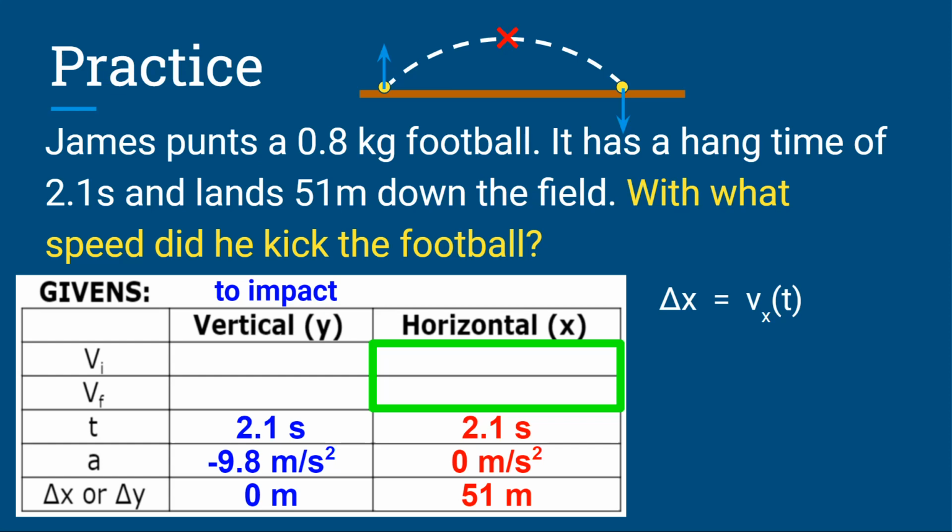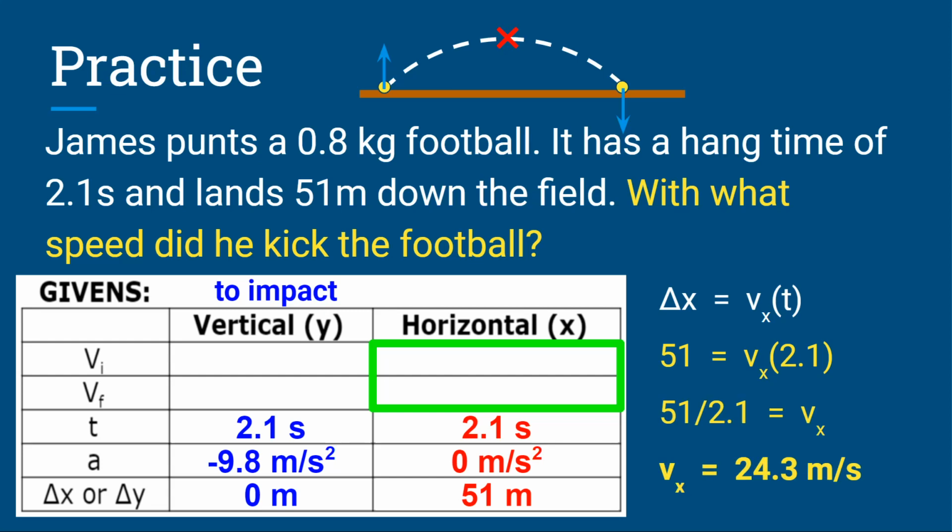But since the velocity is the same, it's just the velocity. There is no average here. Whenever you're horizontal, it's the same the whole time. So I can substitute into this equation, plugging in my displacement, 51, equals V times my time, 2.1, divide both sides by 2.1, and I get a velocity of 24.3 meters per second.